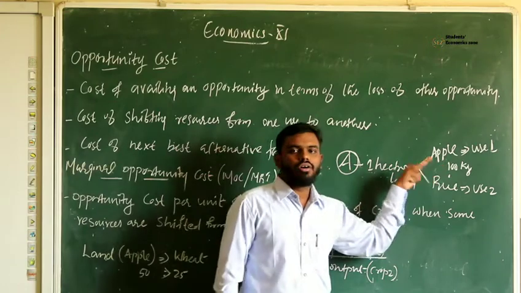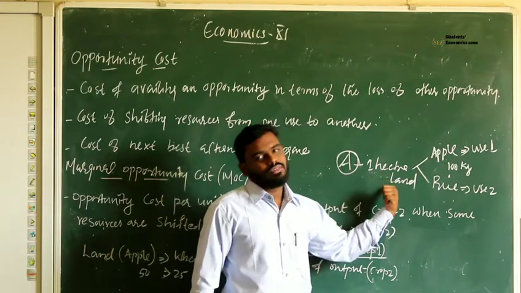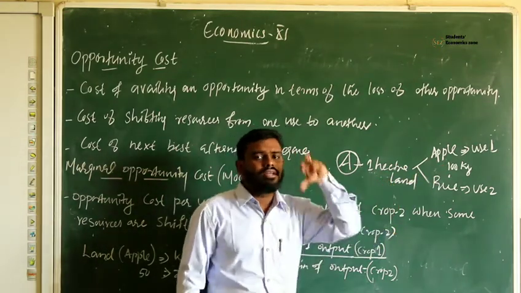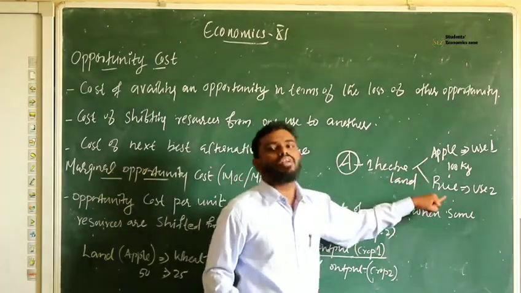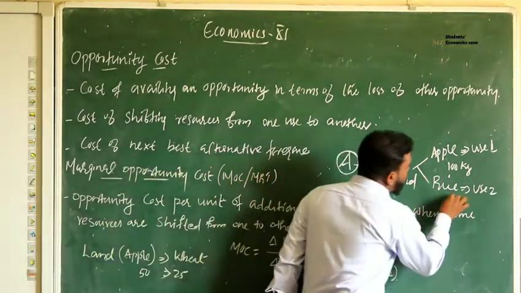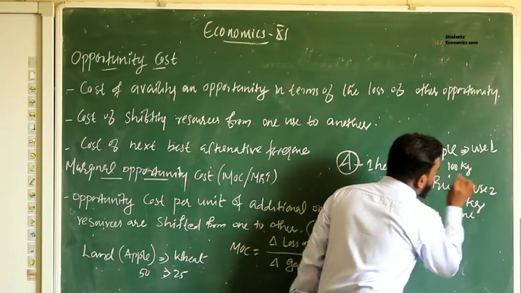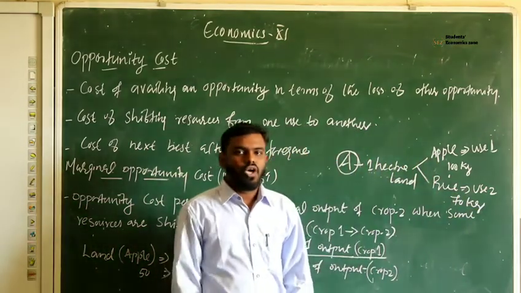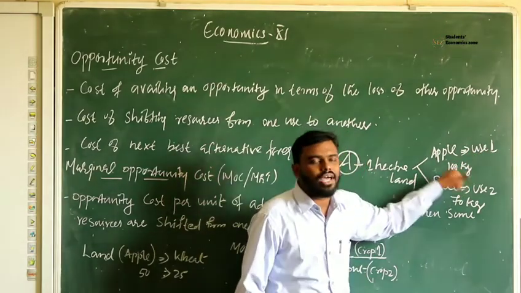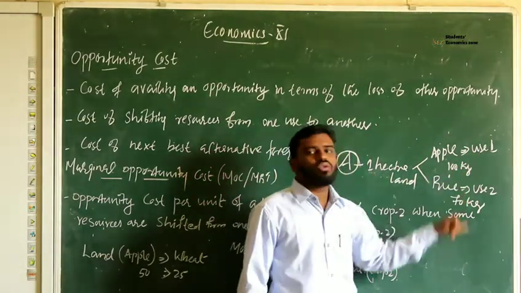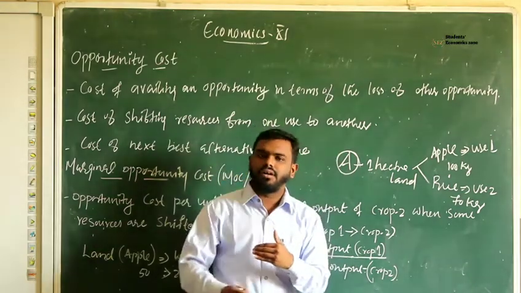At the same time, instead of apple, if he uses this land for rice, he can produce 70 kilogram of rice. So use 1 is 100 kilogram apple, and use 2 is 70 kilogram rice.